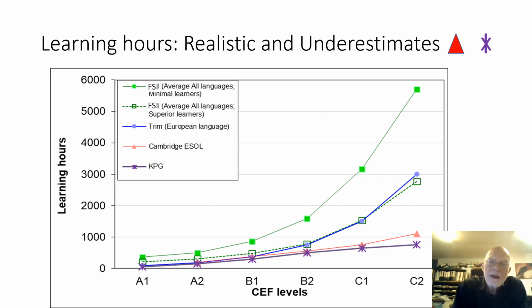You can see that the John Trim estimate is about the same as the average for superior learners from the US. That is not really remarkable, because John Trim was talking about European language learners.